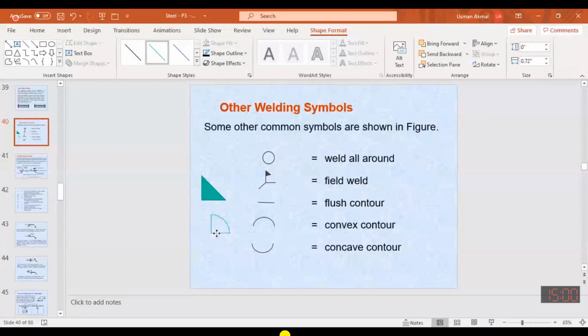So if we have this weld shape, this will be shown by this convex contour.